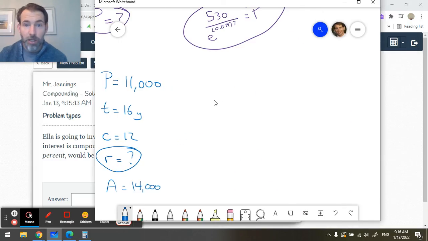Here's how this one would work. I know that the amount for some investment compounded monthly is going to look like this.